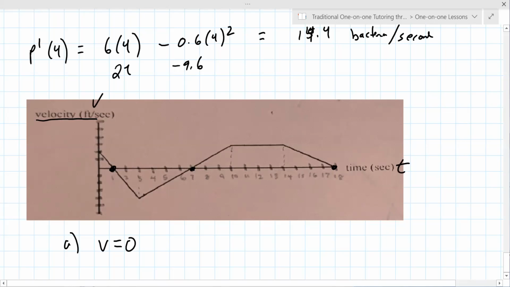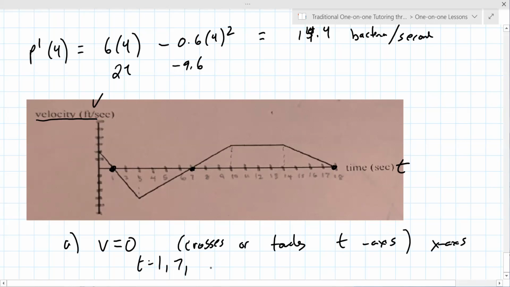So it's literally where it crosses or touches the t-axis, or more generally the x-axis. So at t equals 1, 7, and 18. We should talk about what's happening from 10 to 14, but is it clear that it's stopped there, there, and there because velocity is 0?